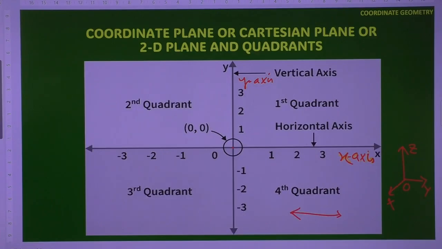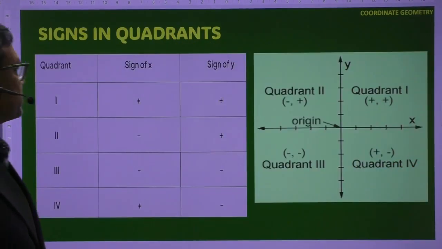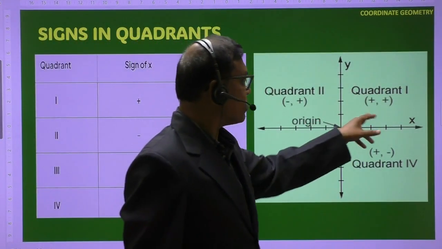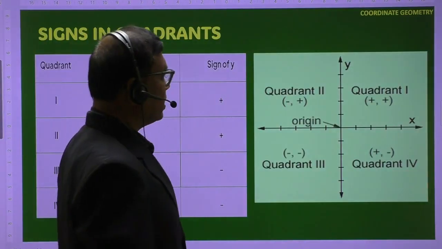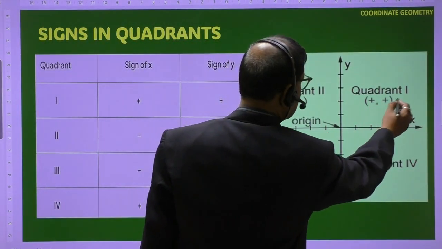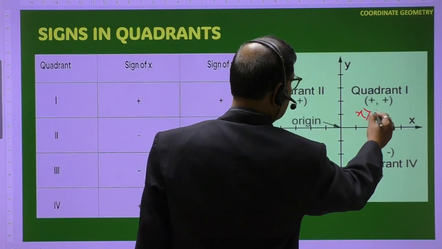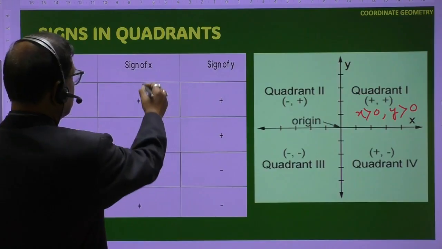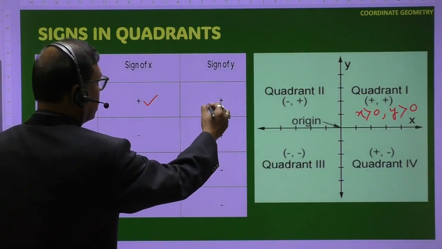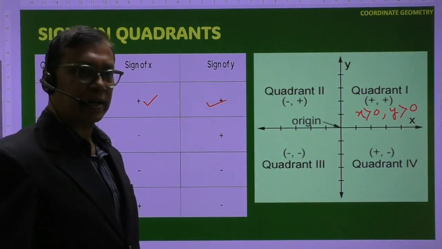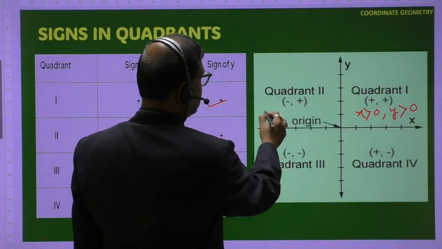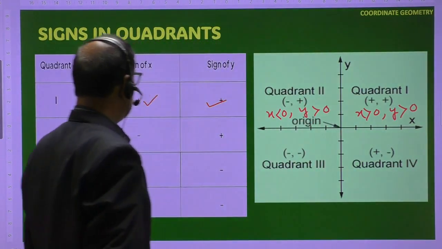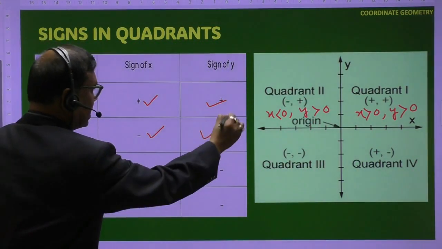Now signs in quadrants. Signs in quadrants, that means in the first quadrant, plus plus means x is greater than 0 and y is greater than 0. See here, sign of x plus and sign of y plus. In the second quadrant, minus plus means x is negative and y is positive.